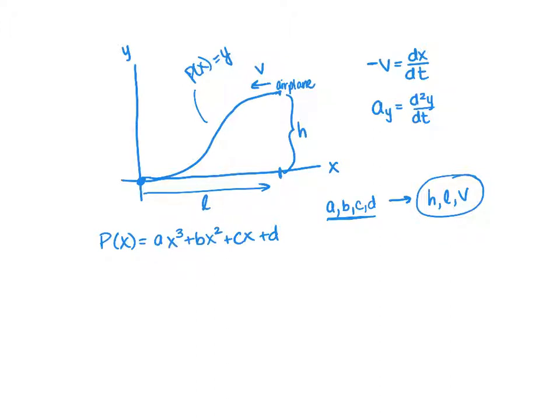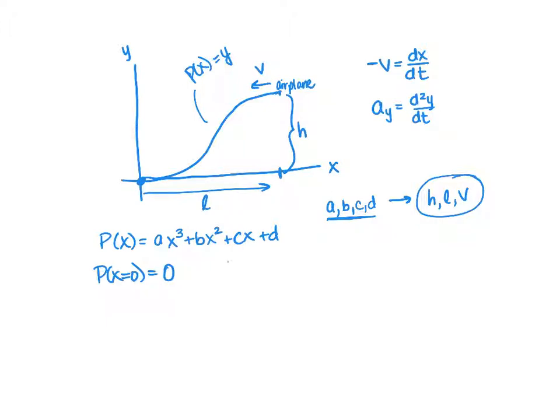And the first thing that they are describing in the problem, the conditions, are things that are going to actually help you figure out what all these constants are. The first two things are that you can actually see what the value of P is at two different values of X. When X is 0, the Y value is 0.